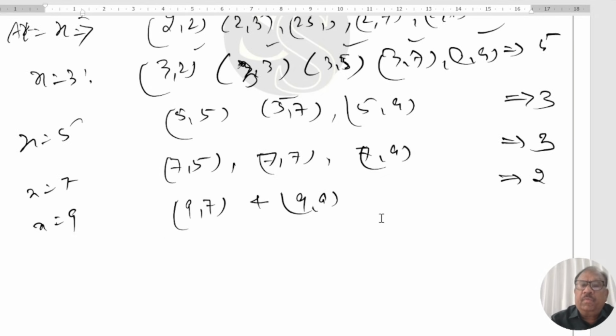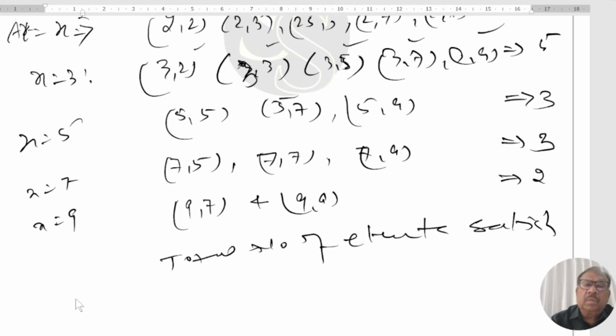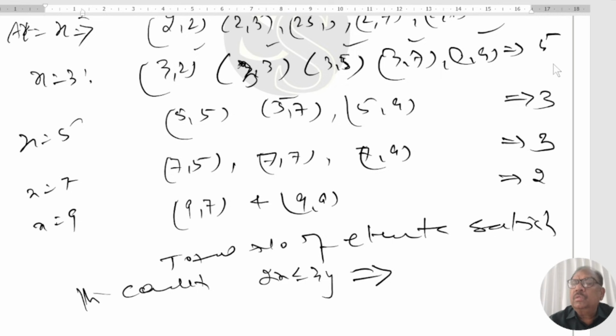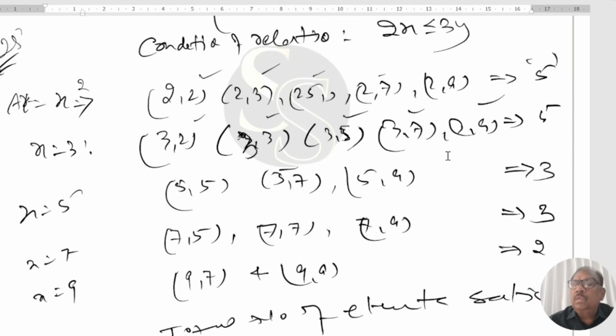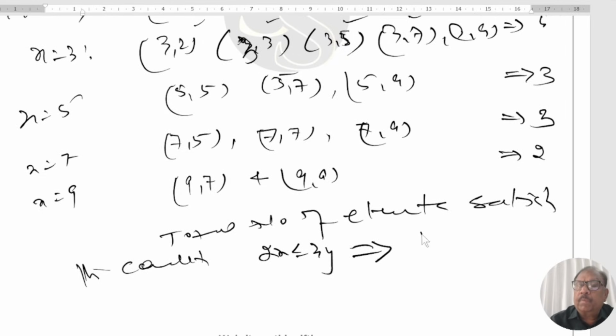So the total number of elements satisfying the condition 2x less than or equal to 3y comes out to be 5, 10, 13, 16, 18. 18 numbers.